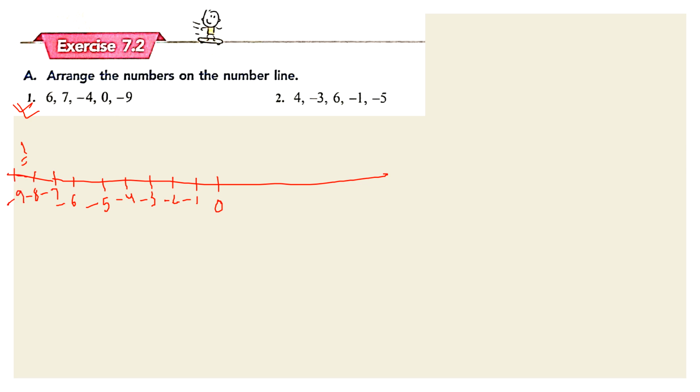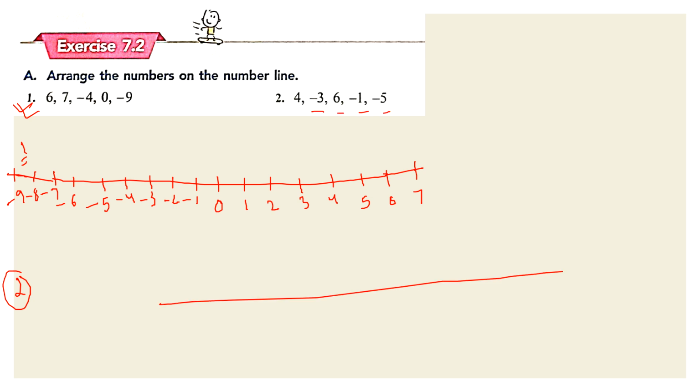This is 0. This side is easier. 2, 3, 4, 5, 6, 7. That's it.